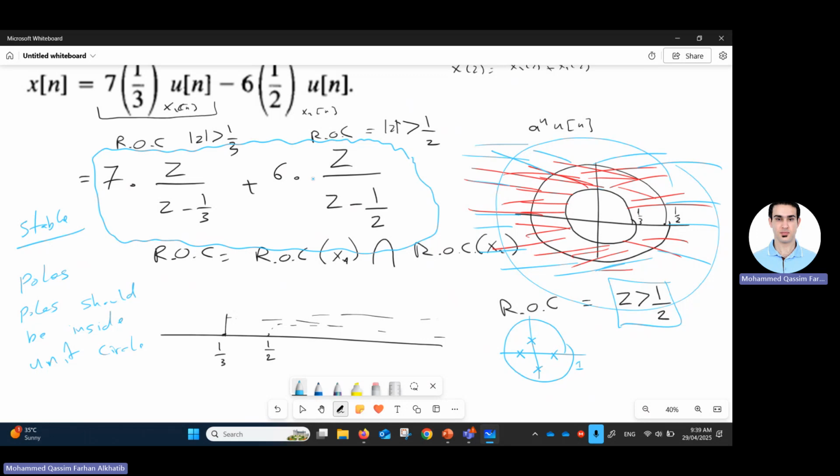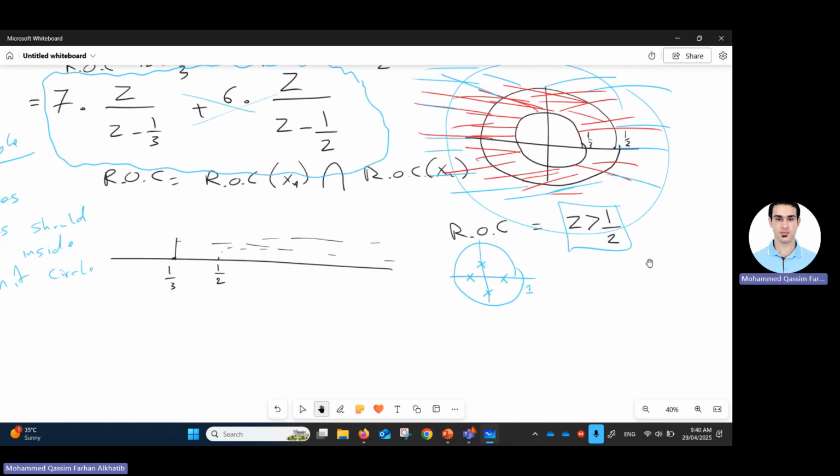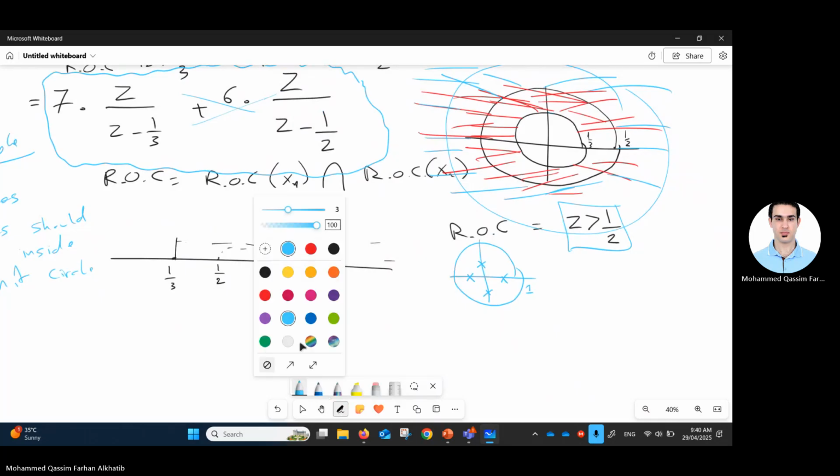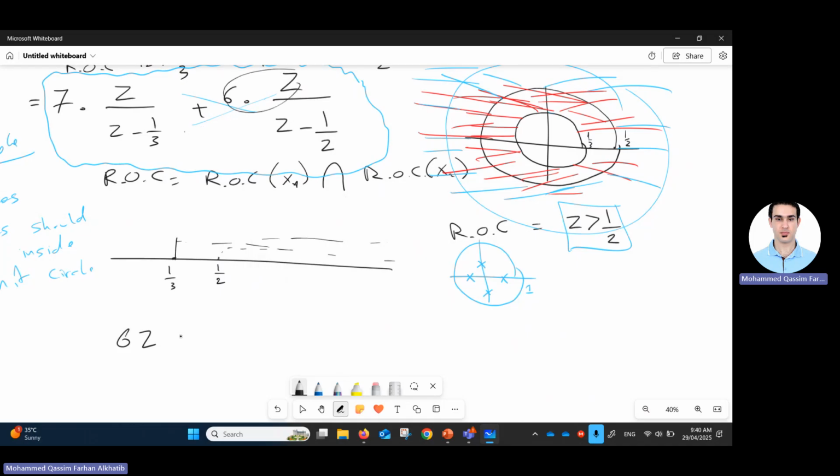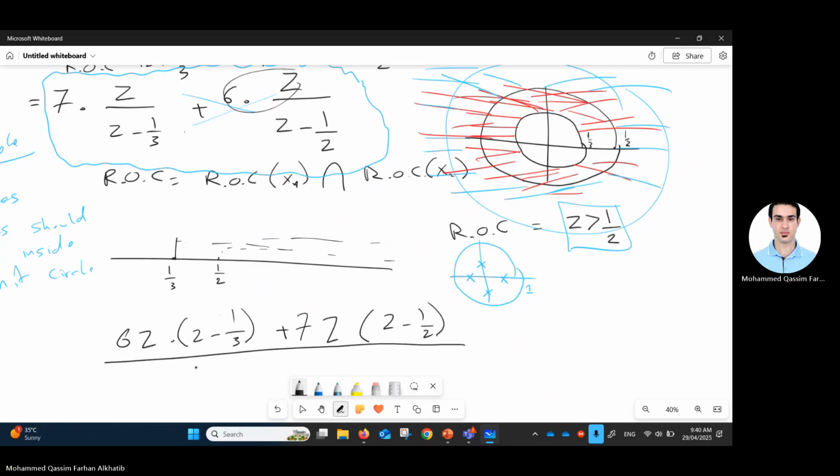So to find the poles for this expression, we need to simplify it. Basically, I will do a cross product, and we will have the expression like this: 6z times z minus 1 over 3 plus 7z times z minus 1 over 2, over z minus 1 over 3 times z minus 1 over 2.